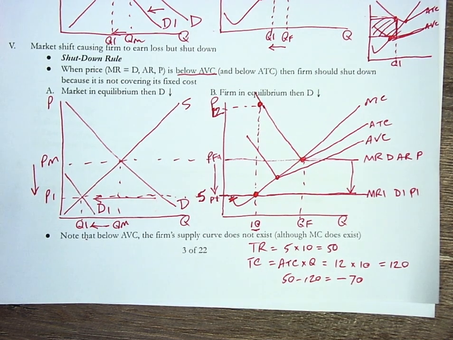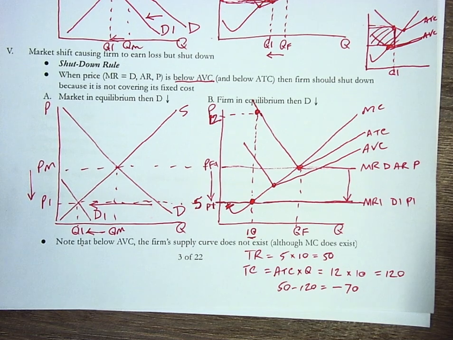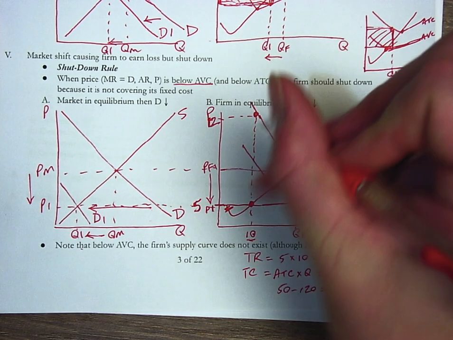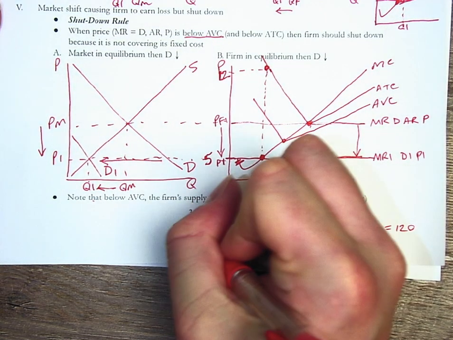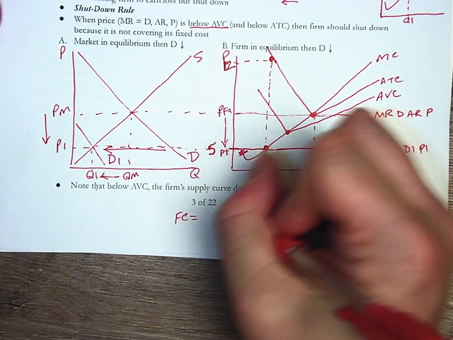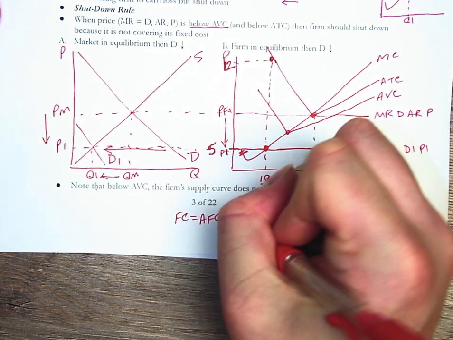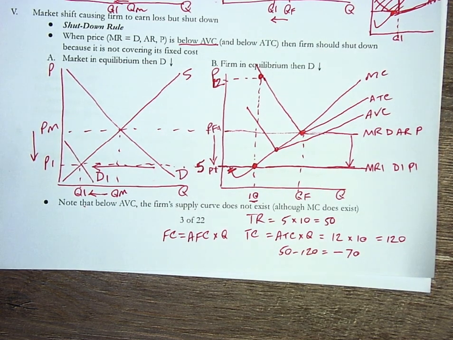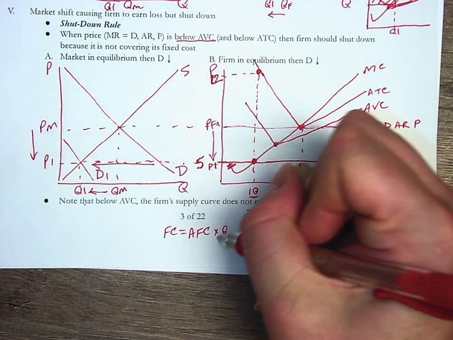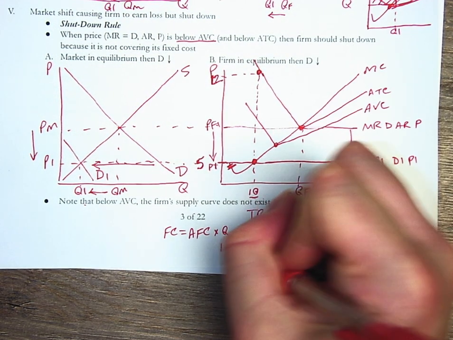Now if they shut down, all they're going to lose are their fixed costs. And we can find the fixed cost because the fixed cost equals AFC times the quantity that we're producing at. So the average fixed cost, at the quantity, we'll say the quantity is 10.